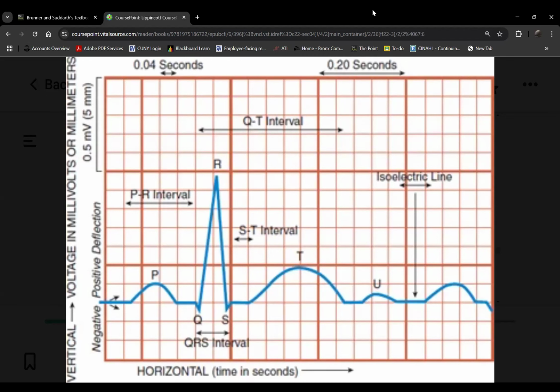That means if 1 small box is 0.04 seconds, how many small boxes are there in 1 minute? Because we need to count the heart rate by beats per minute, correct? So 60 divided by 0.04 equals what? There are 1,500 small boxes in 1 minute.